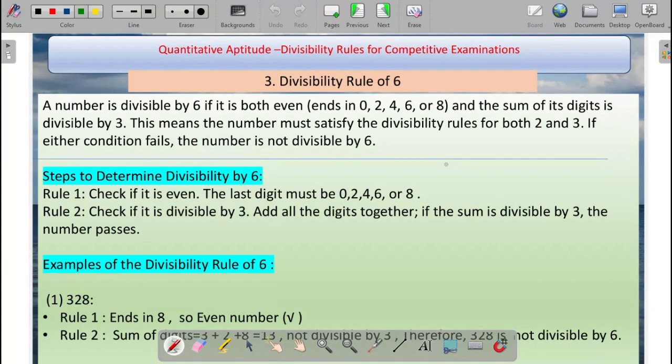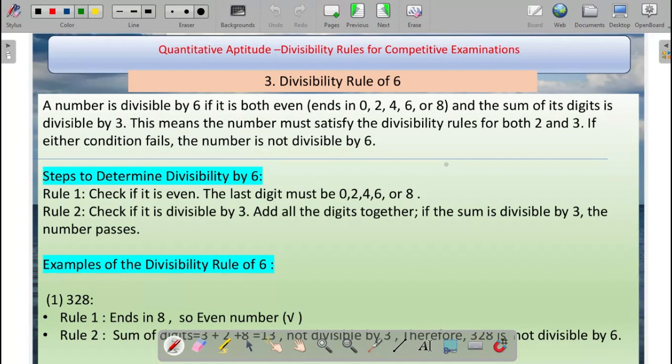So it means the number is divisible by both 2 and 3. If the last digit is an even number and the sum of digits is divisible by 3, then it will be divisible by 6. If either condition fails, the number is not divisible by 6. So both these conditions need to be fulfilled.